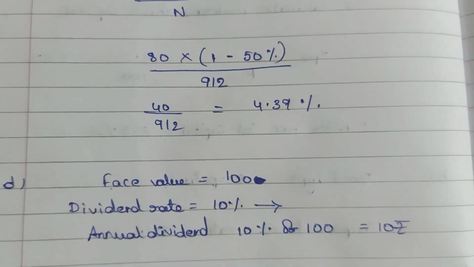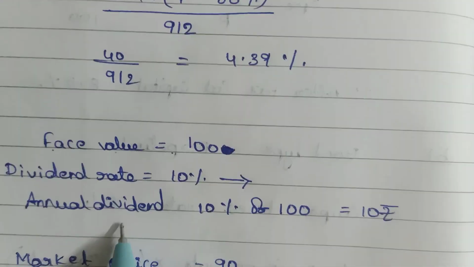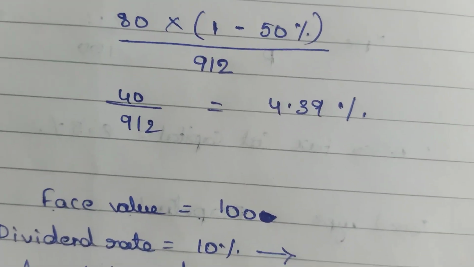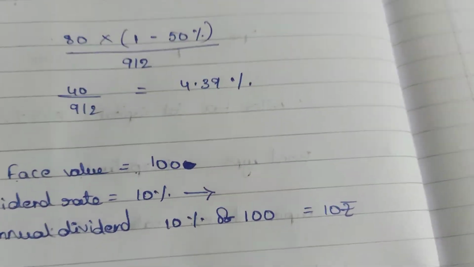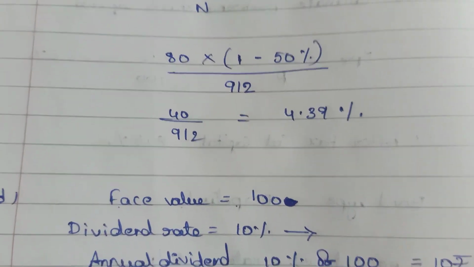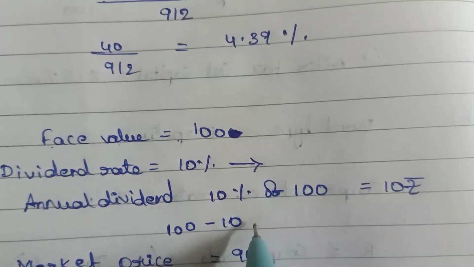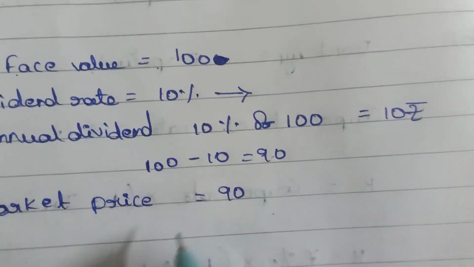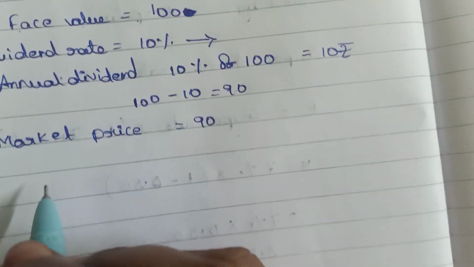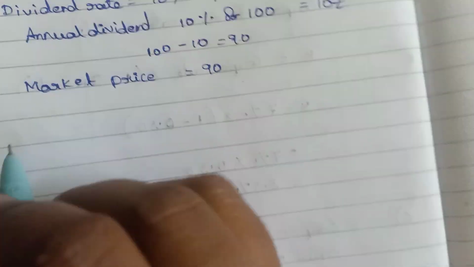So how do we get the market price? It is the face value 100 minus the annual dividend 10, which is equal to 90. This is the market price, so the issue price is equal to 90 rupees.